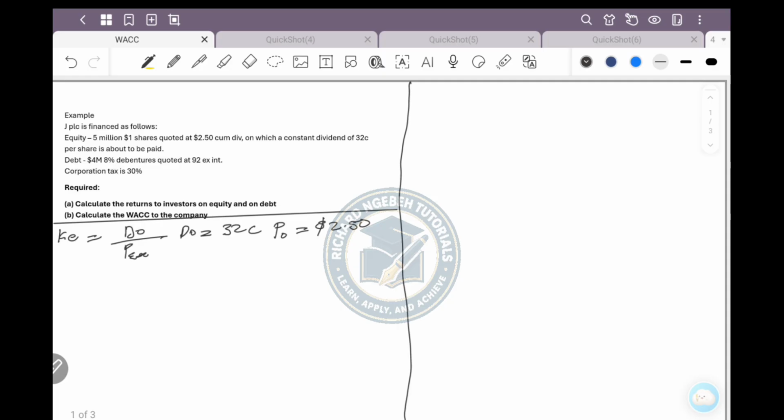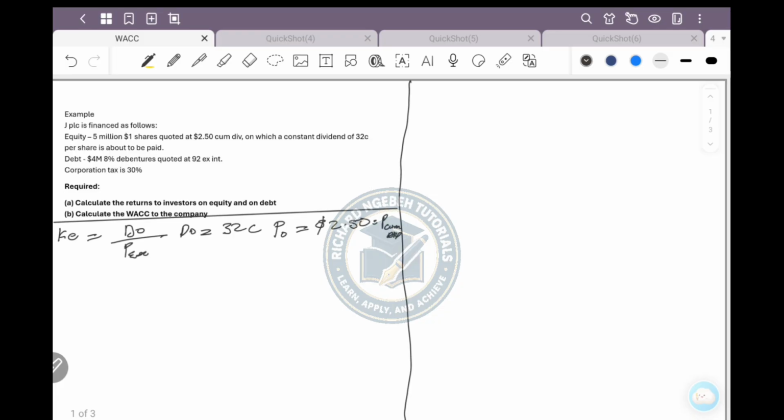But remember, this P0 is the same as P cum div. It has dividend in it. The P0 you need is the P0 with what? Ex div. The market value you need is the one with the ex div.